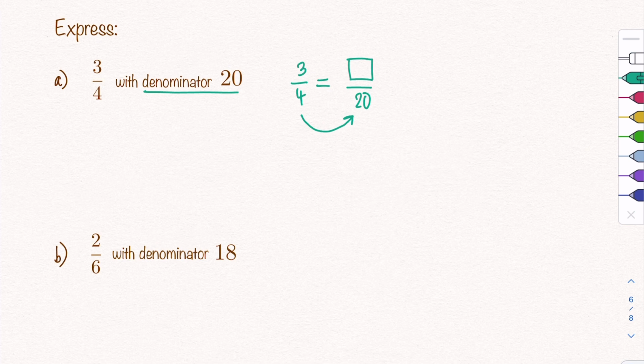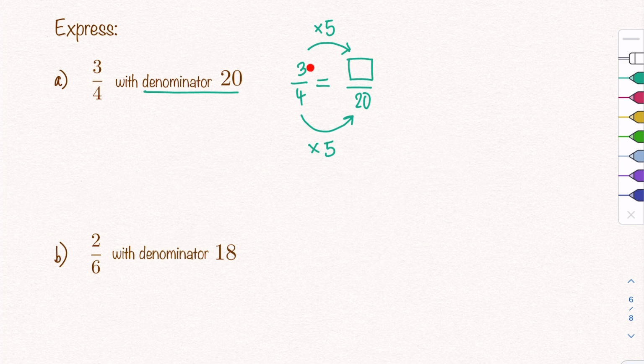4 is smaller than 20, so it means we have to times something to the 4 to make it become 20. And so what would that number be? 4 times 5 will give us 20. And that means that we need to times 5 to the numerator as well to achieve the missing numerator here.